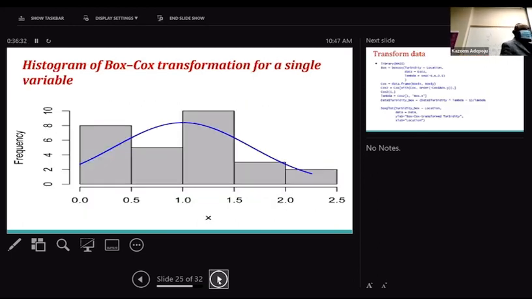This is the histogram after using a Box-Cox transformation. In statistical analysis, we can compare transformations, and we basically want to say which one attains normality. Okay, now this is what we have.